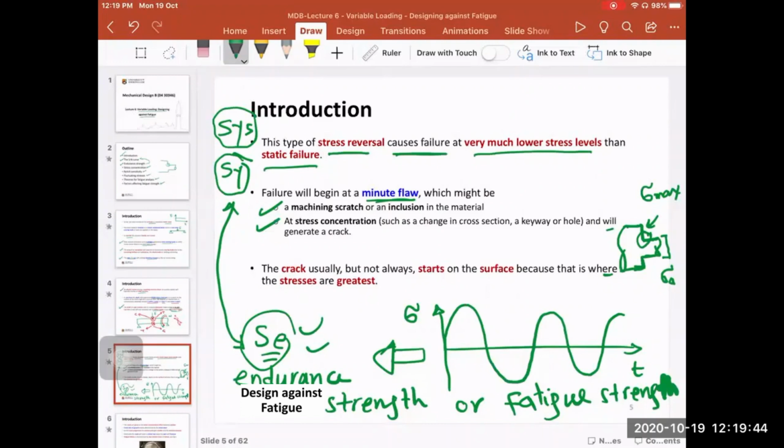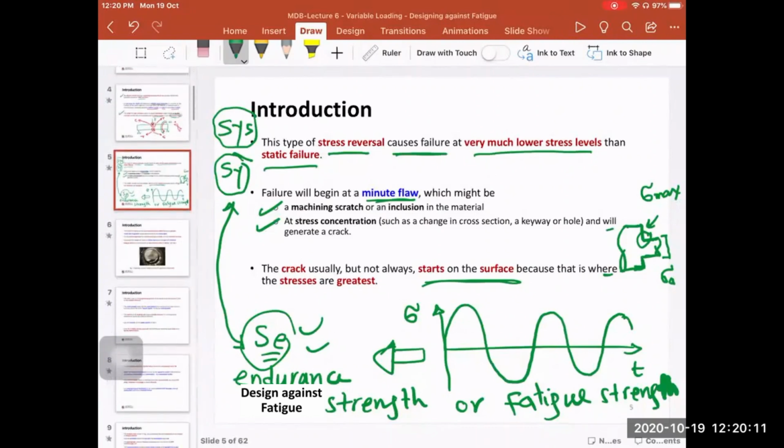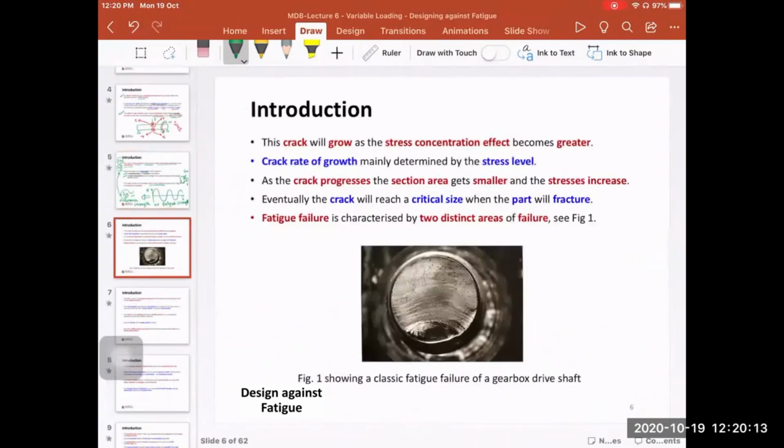So normally the crack starts on the surface, due to the fact that the maximum stresses on a component or on a shaft normally appear on the surface. If you have bending or torsion, the maximum stresses are normally on the outer surface, and for tension it's uniform.